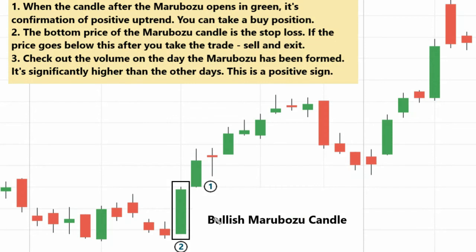As you can see in the chart, this is a bullish Marubozu candle. Open is equal to low and close is almost equal to high. So now we will check the other necessary conditions for the bullish Marubozu candle. First condition, there should be a small bearish rally. Second condition, formation of a bullish Marubozu candle: open is equal to low and close is equal or almost equal to high.